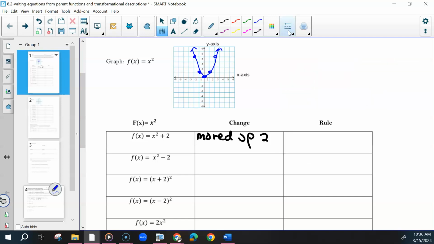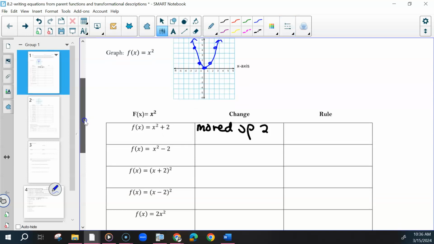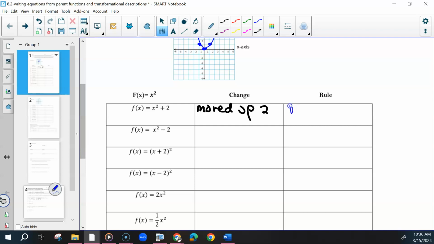This was a vertical shift up 2. Yes. I'm getting error when I try to graph it. Let me see. Let me write this and I'll check it. Okay. We got this plot.